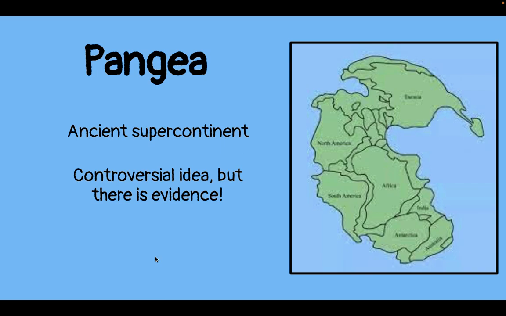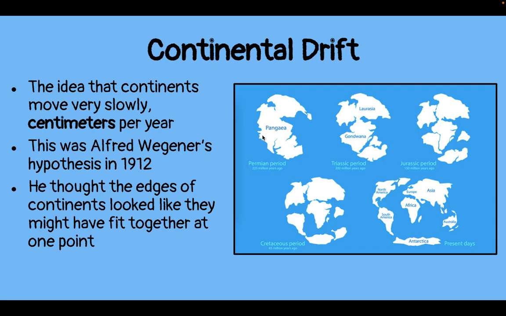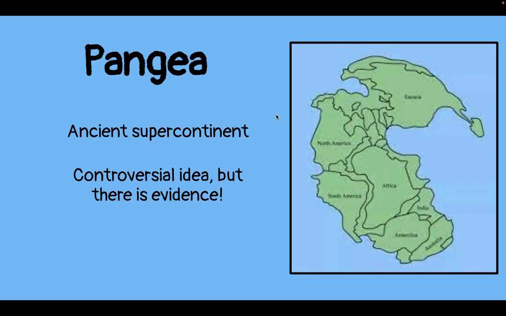So Pangea is the earliest continent during the Permian period when Mr. Alfred Wegener really believed that all of the land on Earth fit together. Now, this idea is controversial. Many people didn't believe him, but there was evidence, and Mr. Wegener really believed that if he shared this evidence with people, they would start to think, oh, yeah, that does sound right.